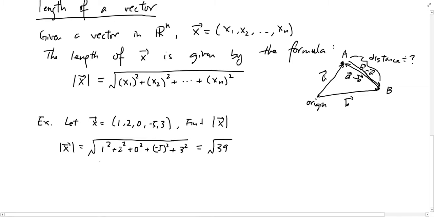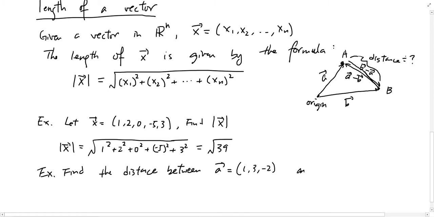Now, since I already mentioned to you that you can find the distance between two position vectors by forming the difference between them and then taking the length, we can definitely try that. So here we go. Let's say I ask you to find the distance between these two position vectors, vector A, which is 1, 3, negative 2, and vector B, which is 0, negative 1, 5.